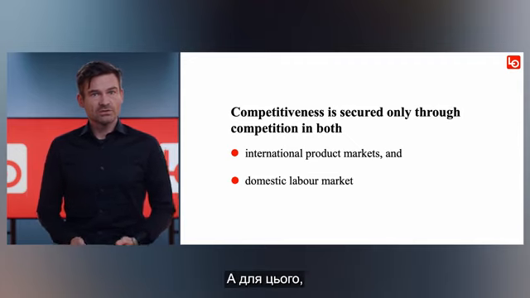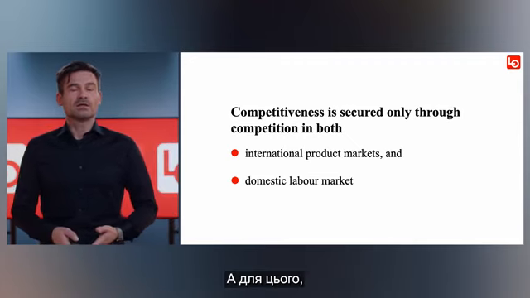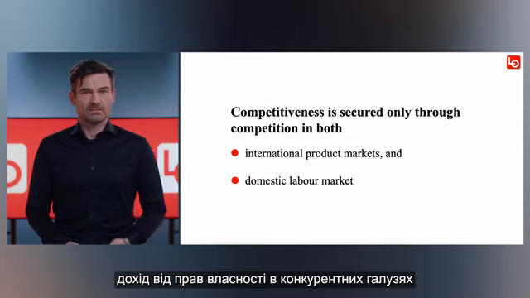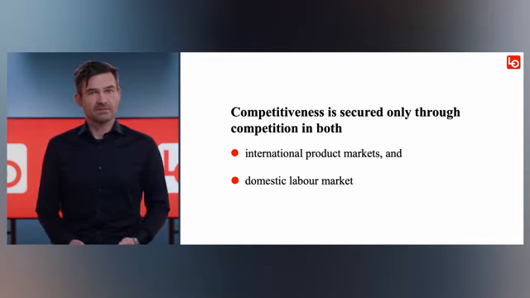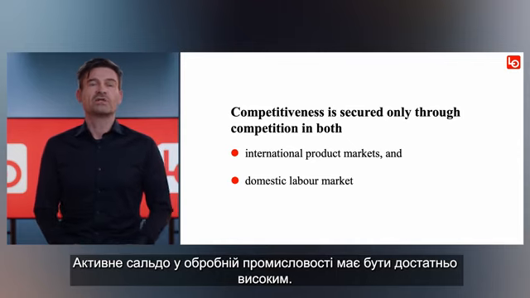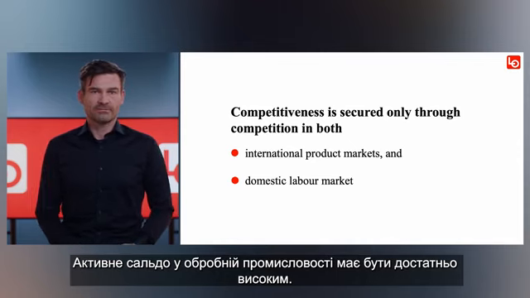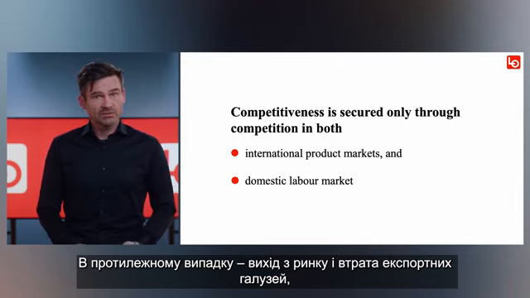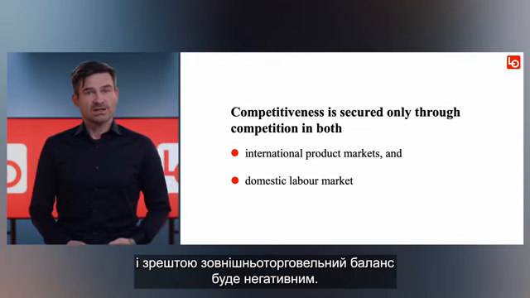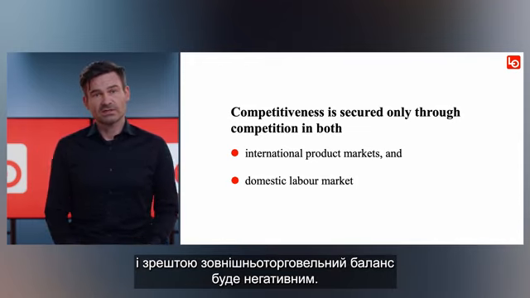And in order to do that, the owner income in competitive industries must be high enough. The surpluses in the manufacturing industry must be high enough. Otherwise, they go out of business and we are losing export industries and the trade balance will eventually be negative.